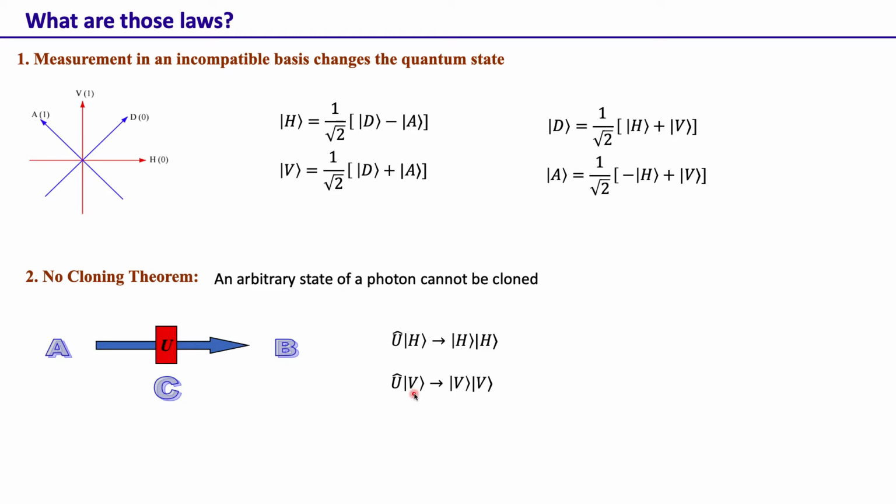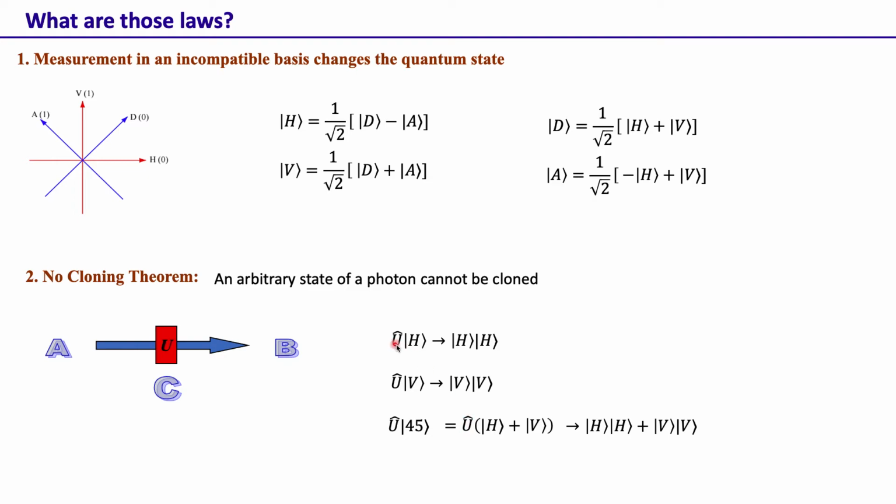That means for one vertically polarized photon, the machine can generate 2. Now, let's see what happens if we send in a 45-degree polarized photon into the same machine. This 45-degree polarized photon we can write as H plus V.